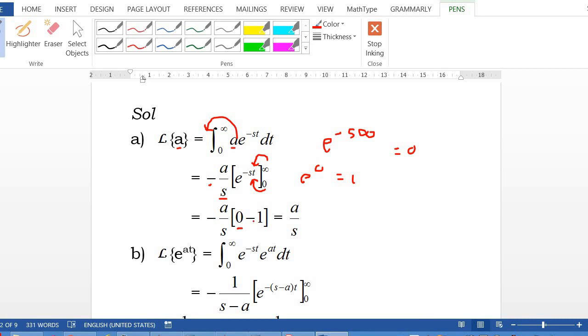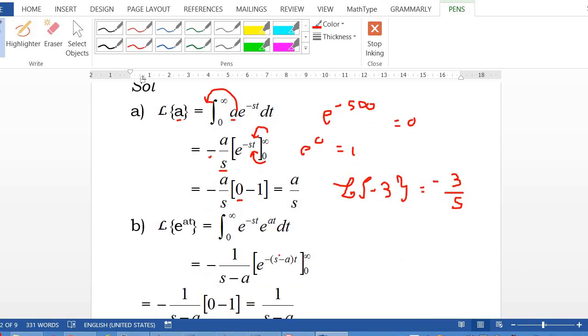That's why, with the negatives, we have a over s. So we have shown the first Laplace transform formula: Laplace transform of a is a over s. Hence, if I ask you, let's say, Laplace transform of negative 3, then it will be negative 3 over s, and so on.